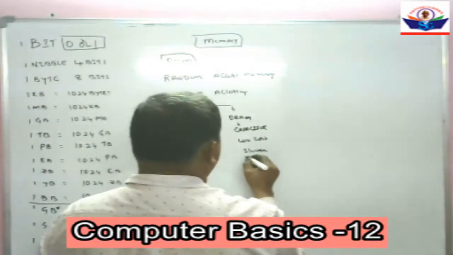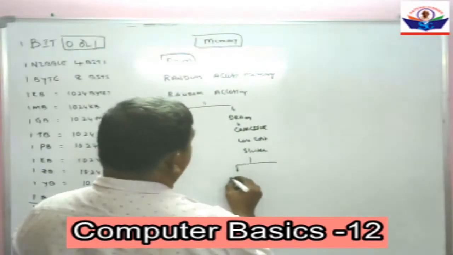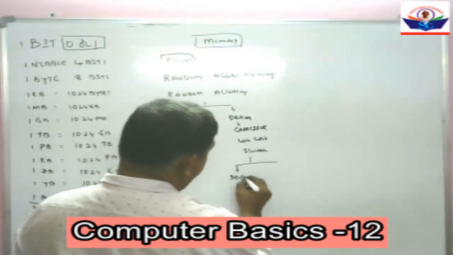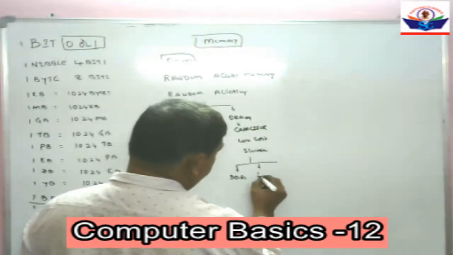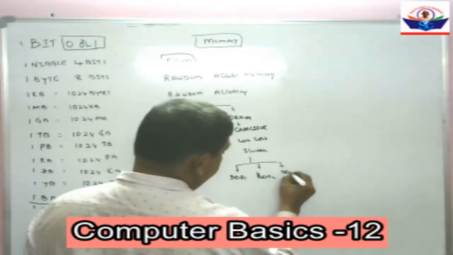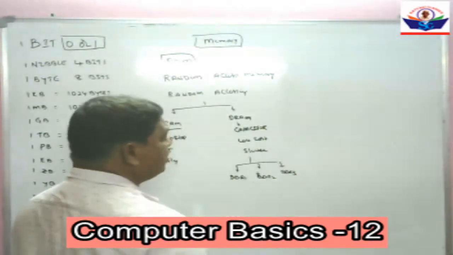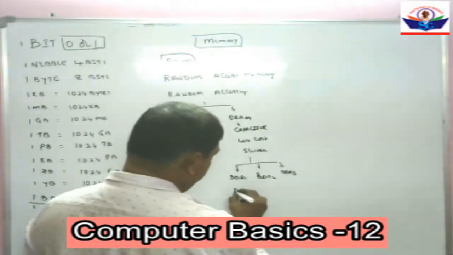Under DRAM we have DDR1, DDR2, DDR3, and so on. DDR stands for double data rate.